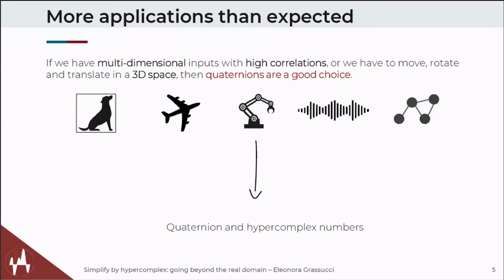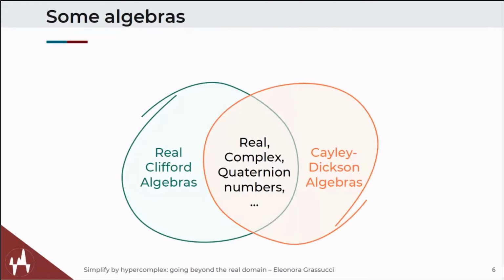Basically, if we have multi-dimensional inputs whose dimensions are highly correlated, or we are in a 3D space and we have to rotate and translate objects in a 3D space, then quaternions are a good choice. Complex, quaternion numbers and more in general hypercomplex numbers lie in the middle of real Clifford algebras and Cayley-Dickson algebras.